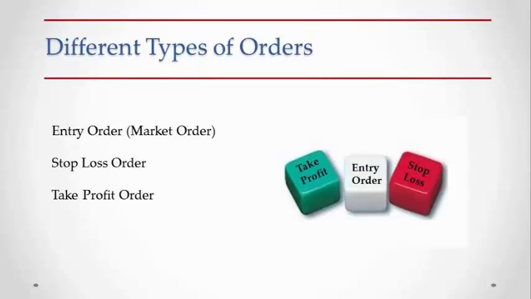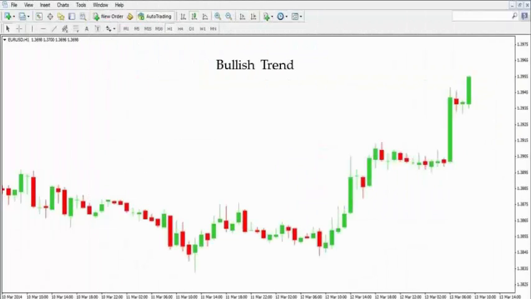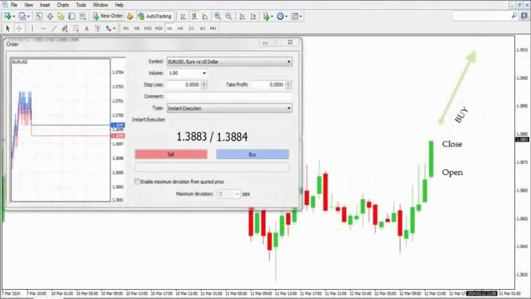Let's look at an example. That always makes it much easier. As you know by now, when a currency pair is rising, you will be buying that specific currency pair, and for a buy or a long trade, you will profit when the market is rising. To enter your buy trade, you simply need to open the new order window and click on the buy button.